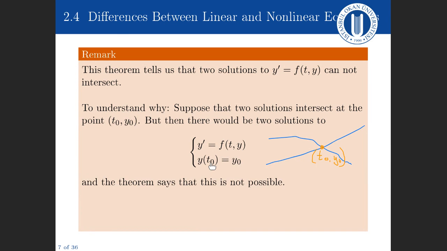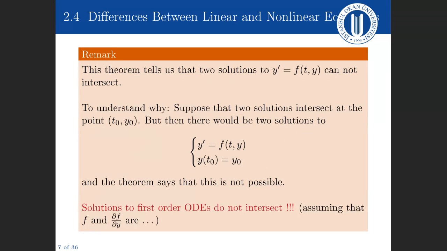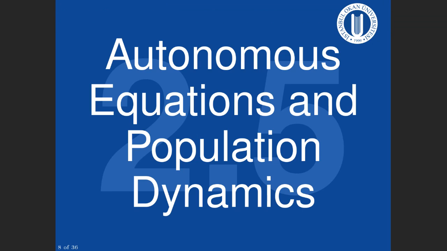But the theorem says this is not possible. The theorem says there is a unique solution to this initial value problem. So therefore, two solutions to first order equations cannot intersect, with the caveat that as long as f is continuous on our rectangle, as long as df/dy is continuous on the rectangle. In other words, as long as f is some nice function, it's not possible for two solutions to intersect.